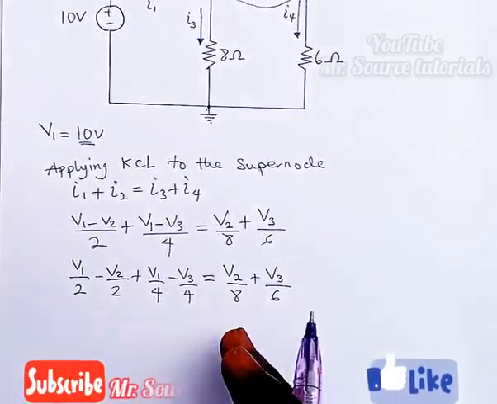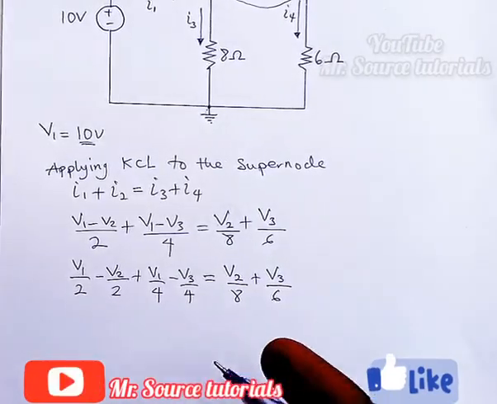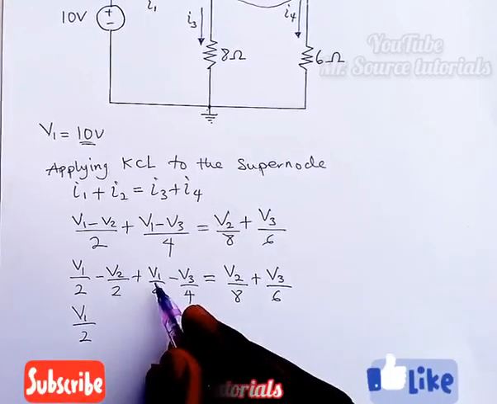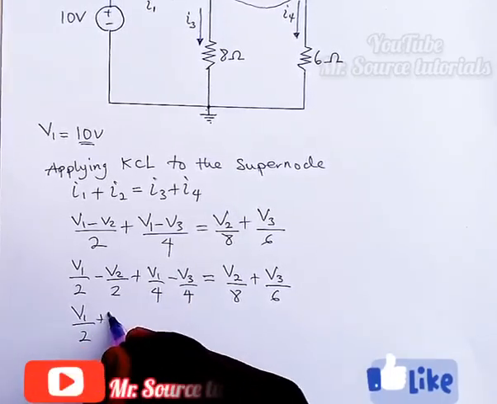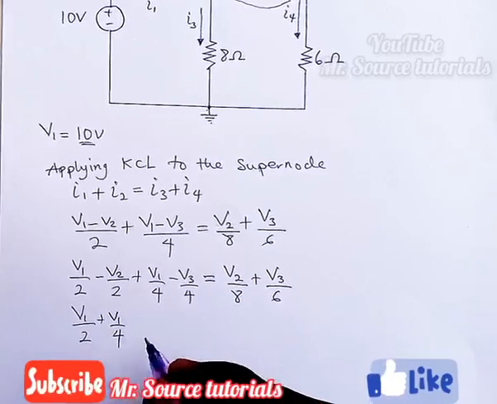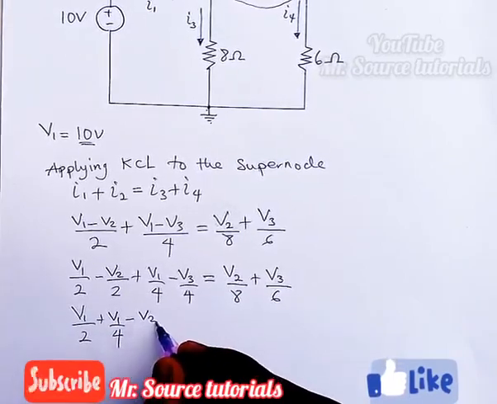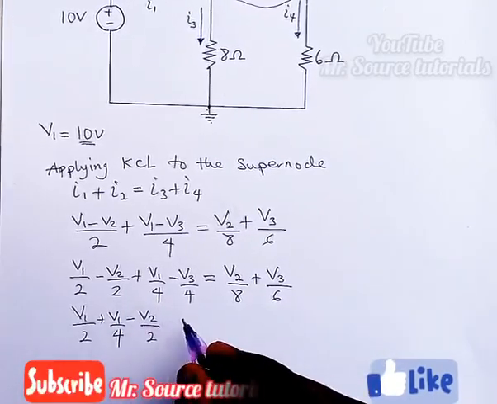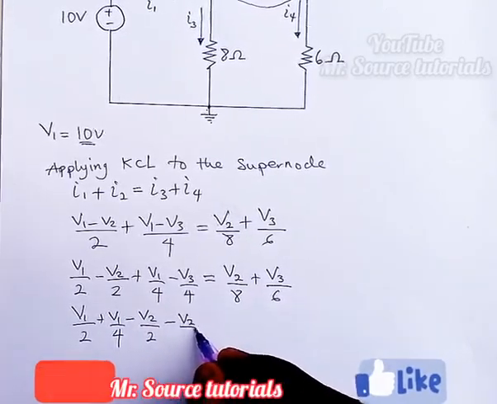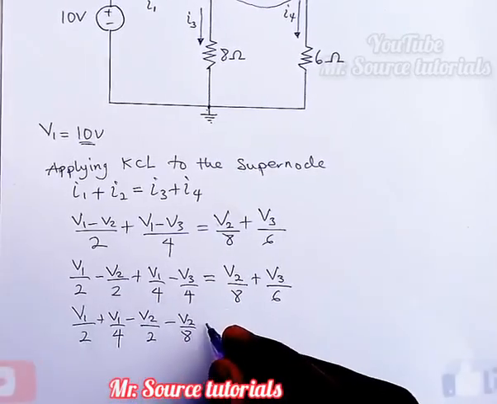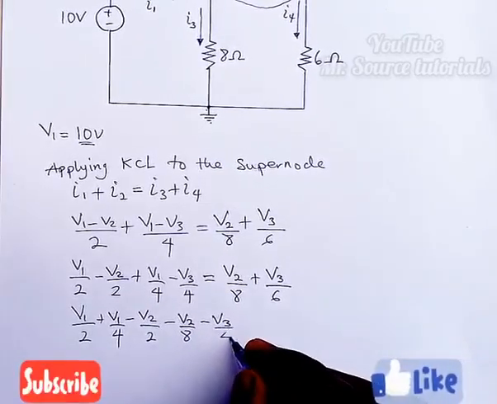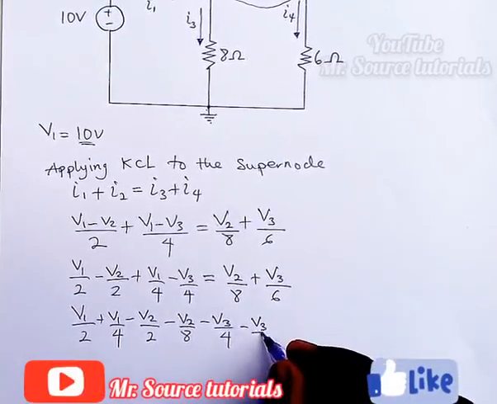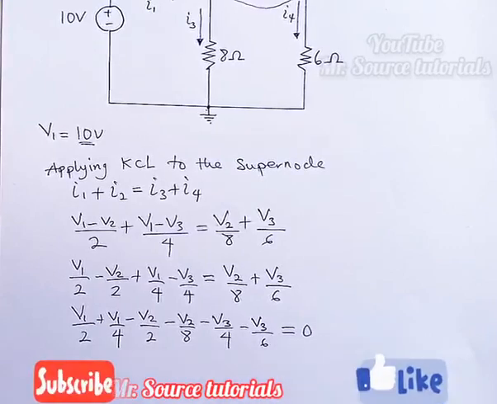After this step, the next step is for us to collect the like terms. So you're going to have V1 over 2, plus V1 over 4, minus V2 over 2. If this one crosses the equality sign, it has to be negative, so we have minus V2 over 8, followed by minus V3 over 4. If this crosses the sign, it becomes negative: minus V3 over 6, all equals 0.